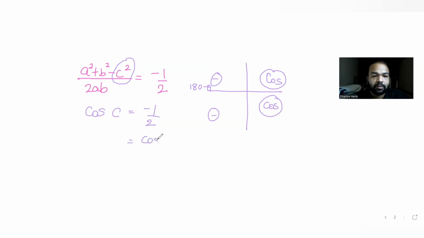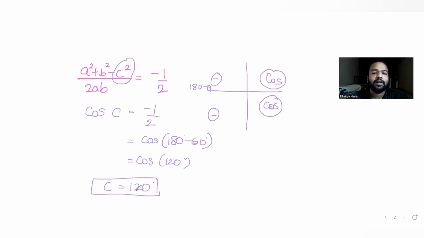So cos of 180 minus 60 gives me cos of 120. So basically C becomes the angle 120 degrees. So in the triangle, the angle C measures 120 degrees, or in radian terms, it is nothing but 2 pi by 3 radians.